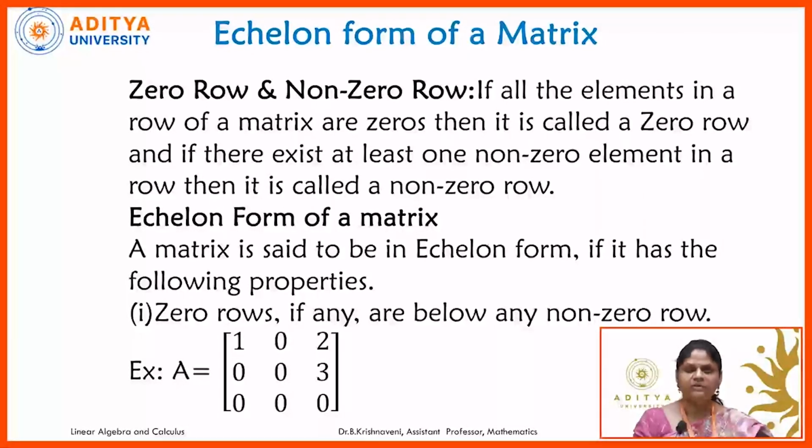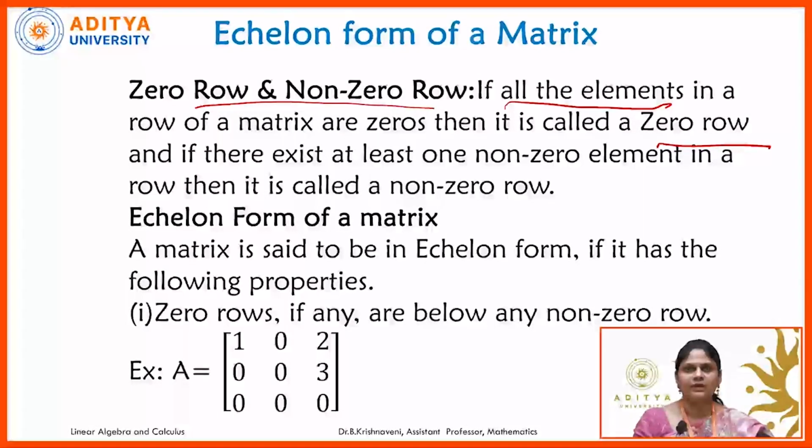Let's first see what is meant by echelon form. In order to know that, you first need to know what a zero row and a non-zero row are. The name itself indicates it: a zero row is a row that contains zeros, and a non-zero row is a row that does not contain only zeros. Specifically, if all the elements of a row of a matrix are zeros, then we call it a zero row.